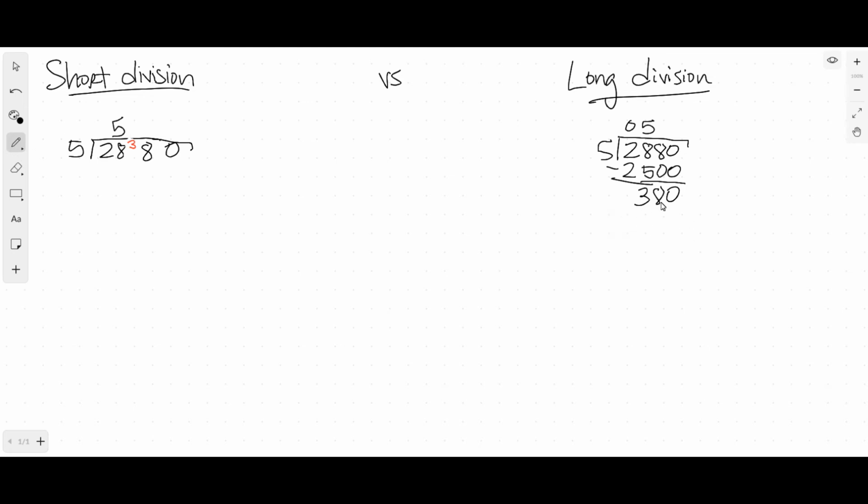So over here I ask myself, how many times does 5 go into 380? Well, that would be a, sorry, I blanked, 7 to get me 35, or 350. I'd subtract, and I'm only putting the 0 so that you guys can see that it doesn't change it.